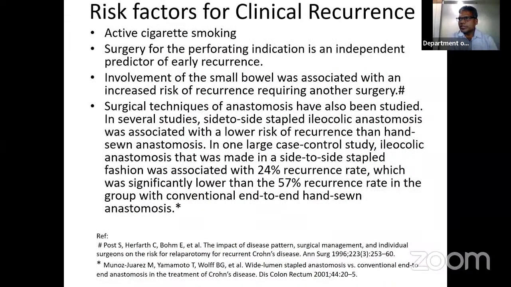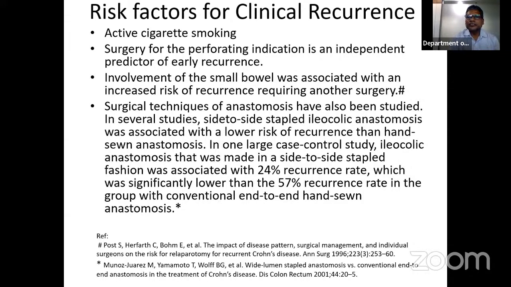Now, risk factors for clinical recurrence. As you know, Crohn's disease is located in multiple locations, and it is more prone to recurrence. The various risk factors considered for clinical recurrence are continuous active cigarette smoking, and surgery for a perforating indication is an independent predictor for early recurrence.